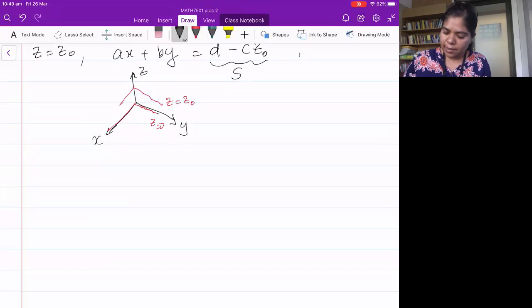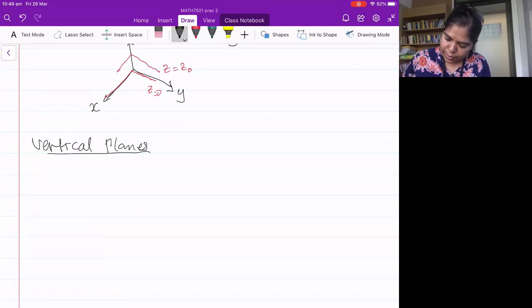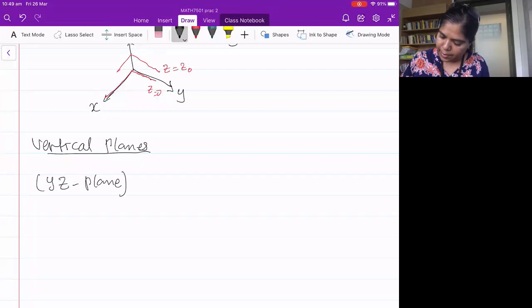And the vertical planes are given by two planes. The yz plane is when x equals some number x naught.